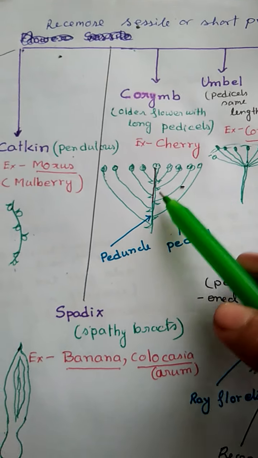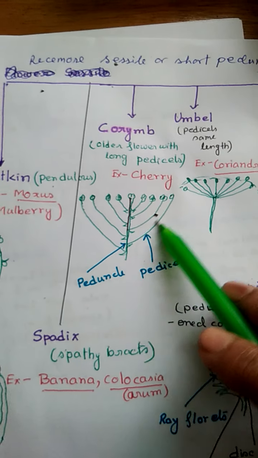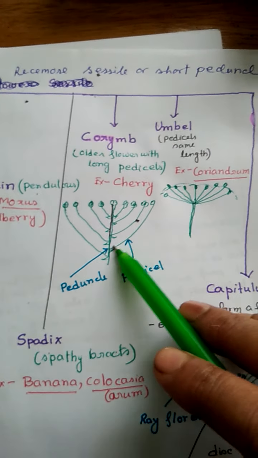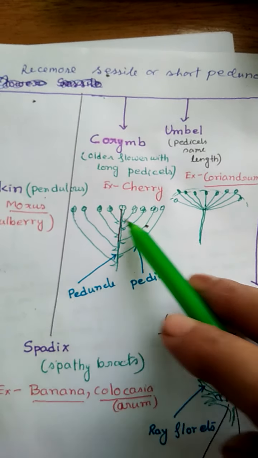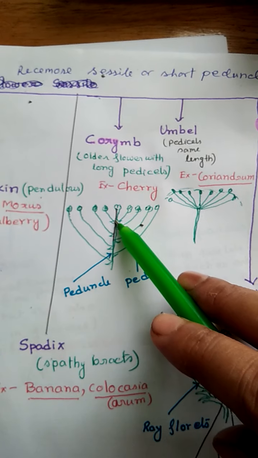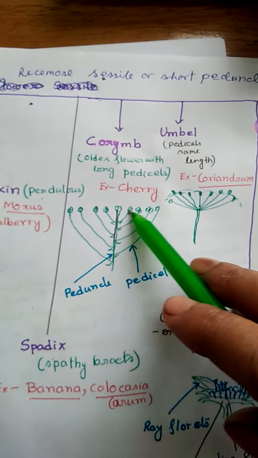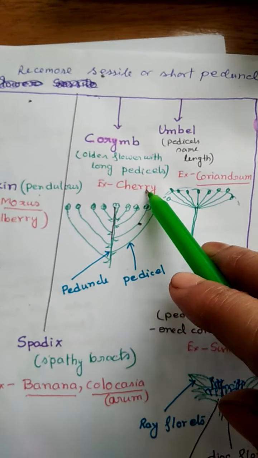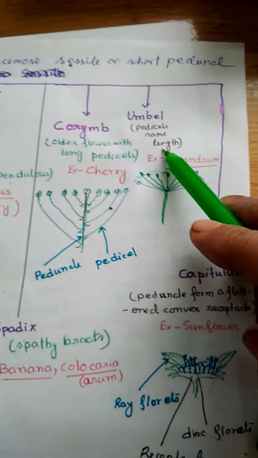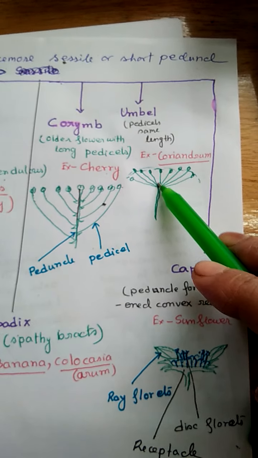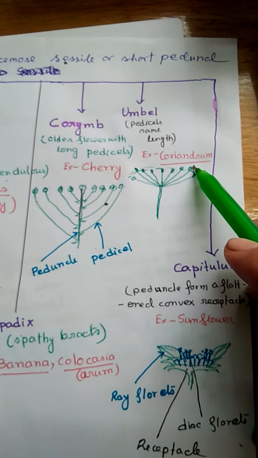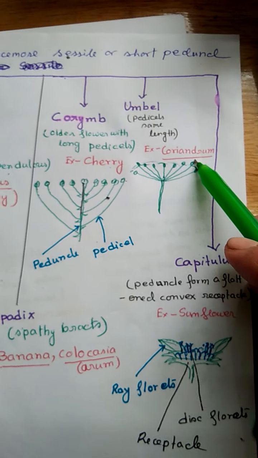Here the stalk is present, though I have drawn it as a long stalk, but it is not like that. So the older one has the longest stalk, and the younger flower the shortest stalk. All of them are in the same line. Cherry. In the case of the umbel, umbrella shape. From a common point, all the stalks arise. Coriandrum.